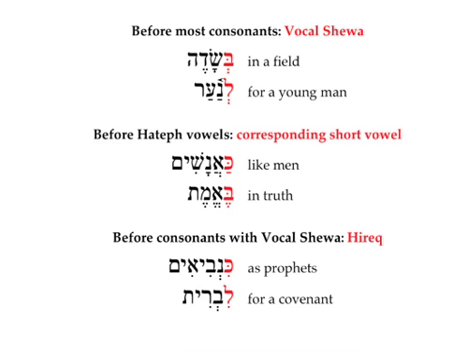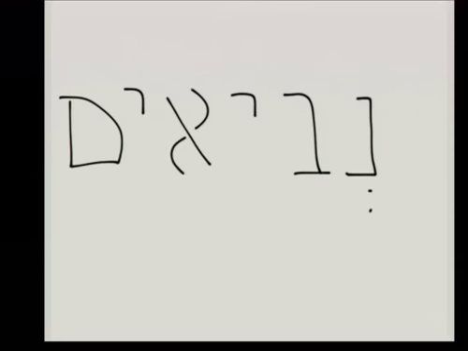Our first example is the Hebrew word nevi'im, and it means prophets. When we prefix the inseparable preposition to the word prophets, nevi'im, our initial response is to add vocal schwa to the spelling of the preposition.